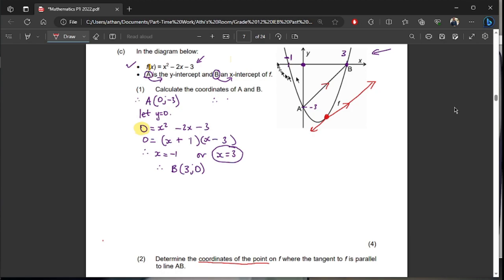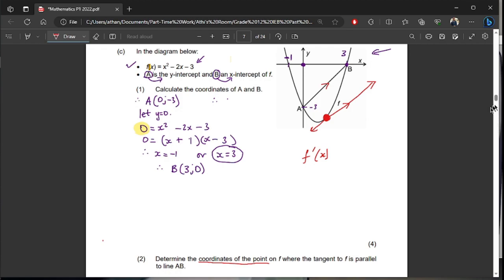Now, this is a parabola. If we can find the derivative at any point, meaning if we can find f prime of x, that will be the gradient at that point. So let us quickly do that.